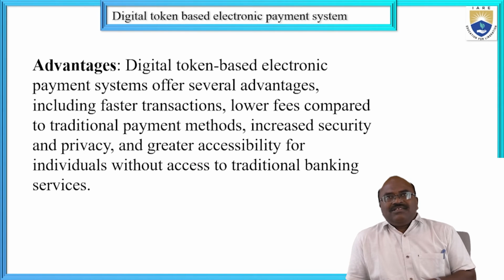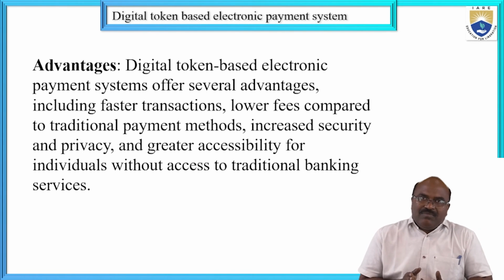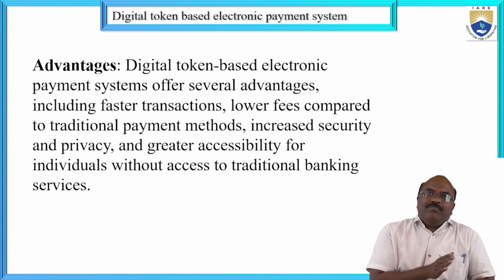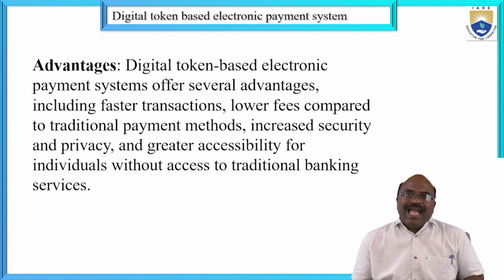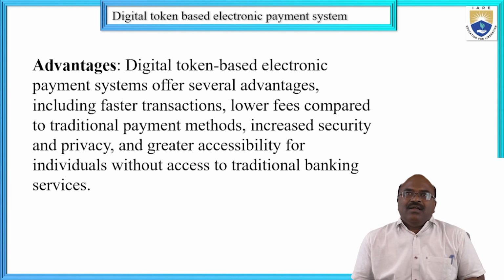The advantages are more compared to traditional business. E-commerce business, electronic business, is more powerful compared to the traditional system. Why? Because of security, greater accessibility, and privacy, which are better than traditional, and lower fees compared to the traditional system, and faster transactions within a fraction of seconds.